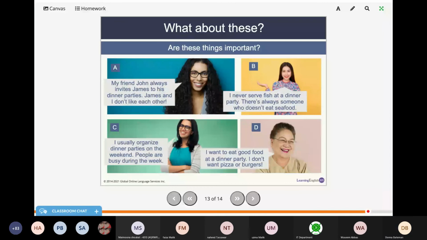And D, I want to eat good food at a dinner party. I don't want pizza or burgers. What do you think? Can you have simple food at a dinner party? Could you buy food that's already been prepared from a restaurant or somewhere else?